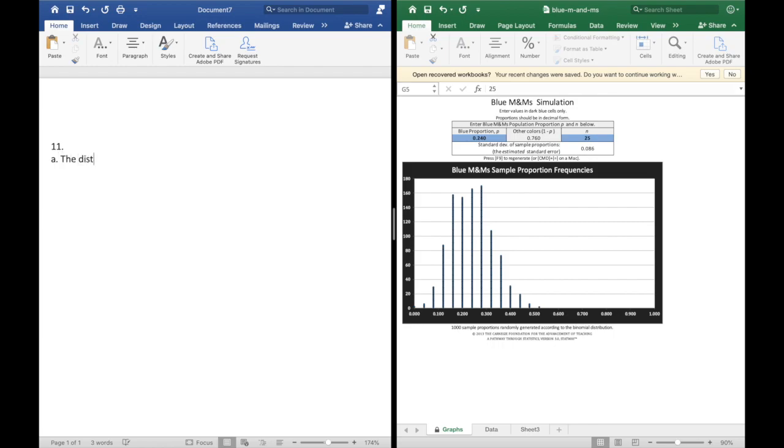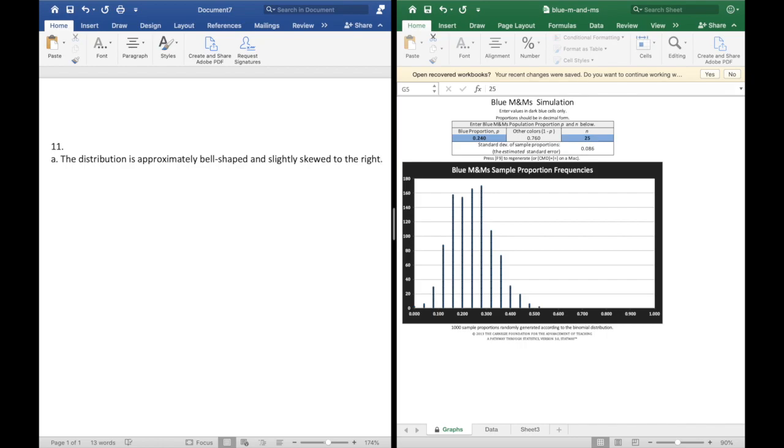The distribution is approximately bell-shaped and slightly skewed to the right.